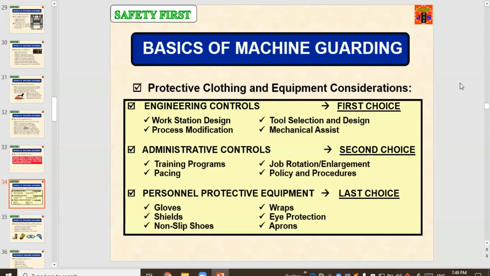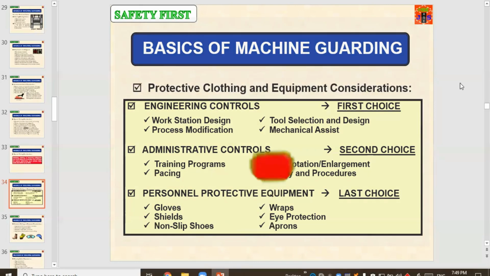In the hierarchy of controls, this should be the first and number one choice. Administrative controls might include training programs, pacing, job rotation, job enlargement, policy, and procedure. And this is the second choice.